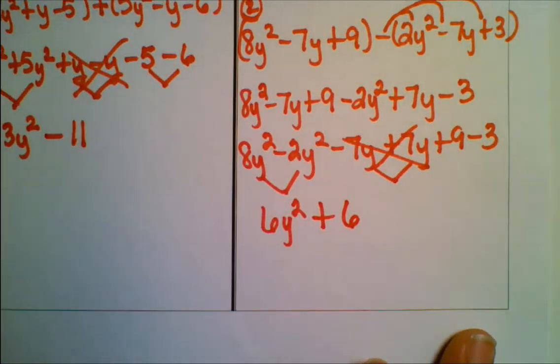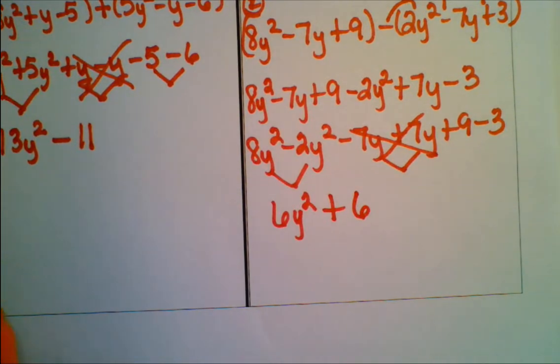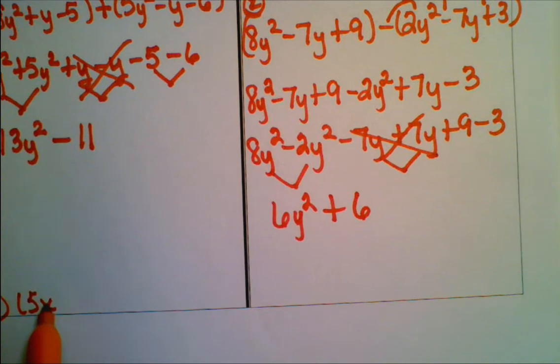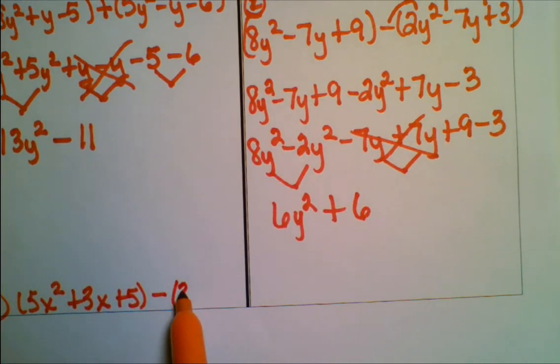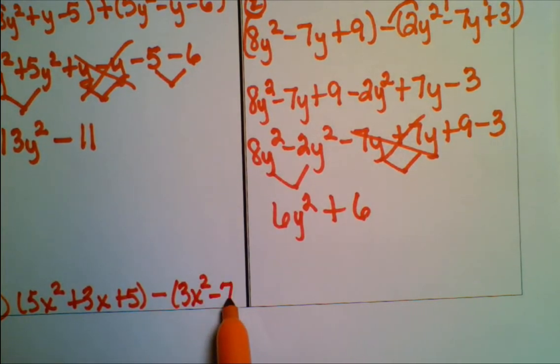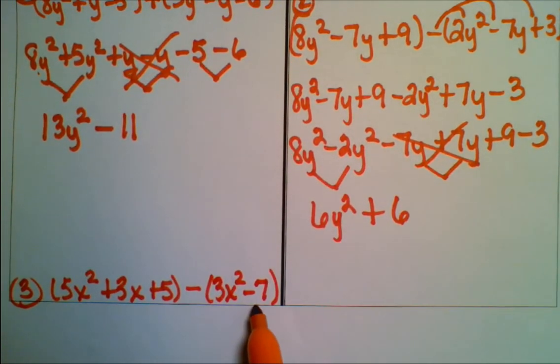Let's do another subtraction. We have here 5x squared plus 3x plus 5 minus 3x squared minus 7. What's being subtracted is the 3x squared minus 7, so we're going to distribute that negative.